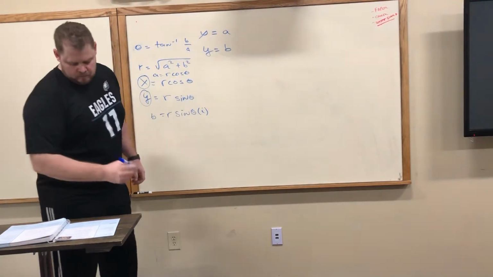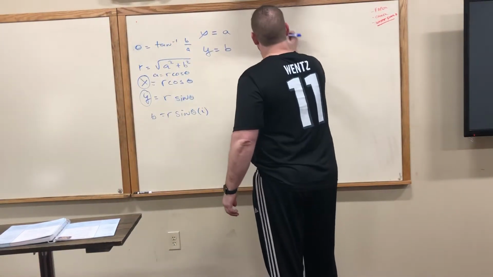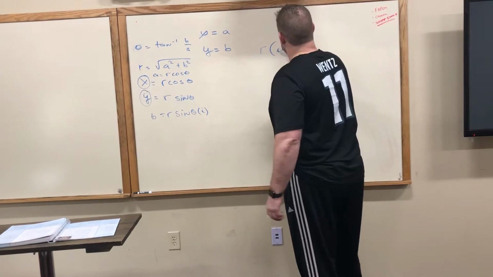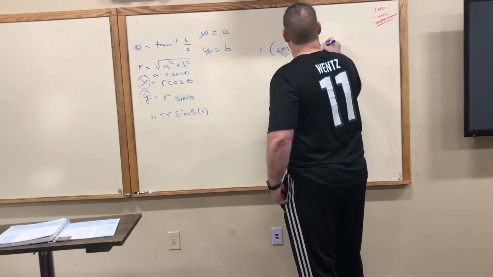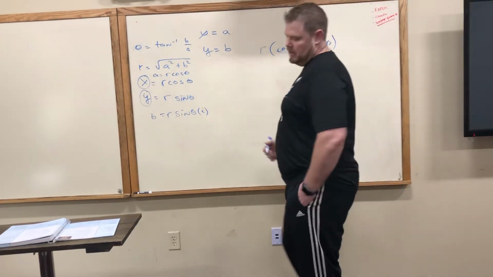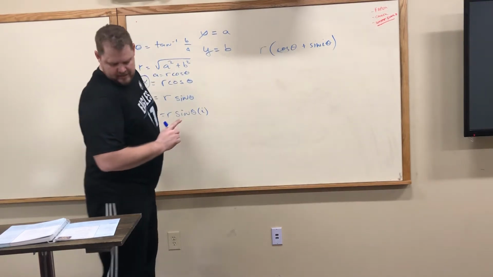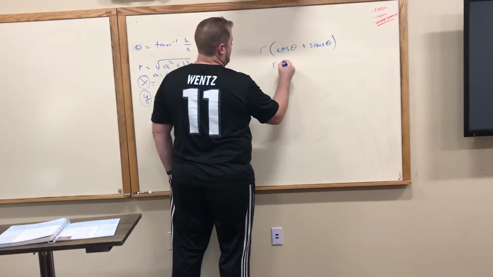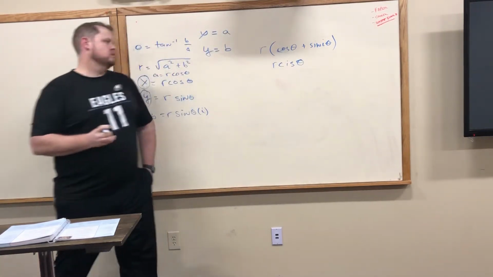Now, when we have r times cosine theta plus i sine theta, another way to write that is with this, r cis theta, okay? So it's another way to write it.